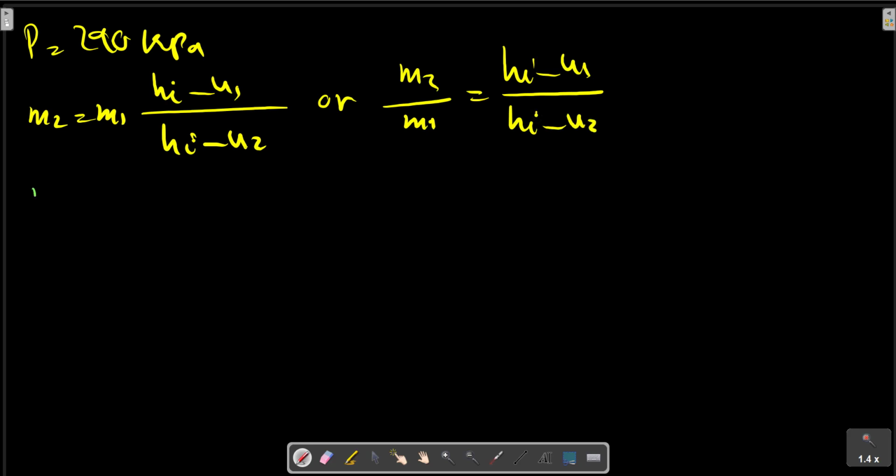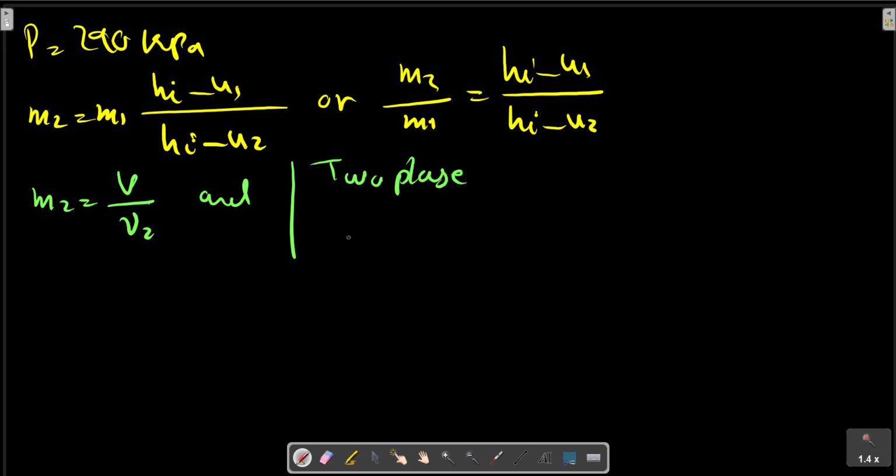We have a relation also, m2 is V on v2, and we have two options, two-phase and superheat.